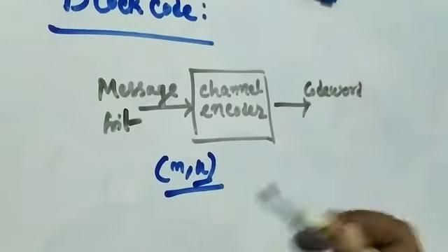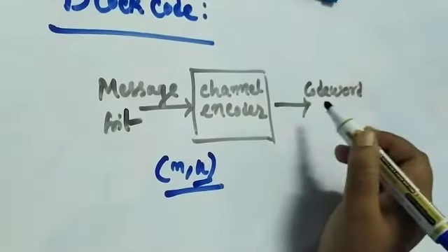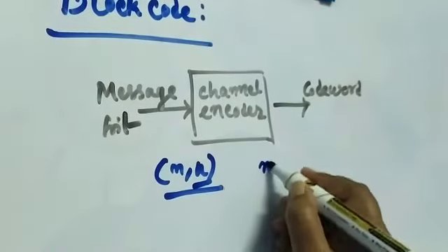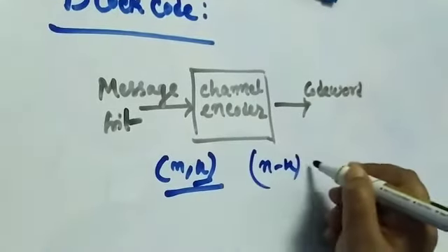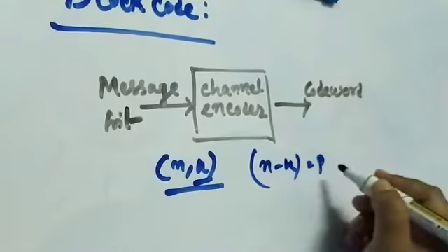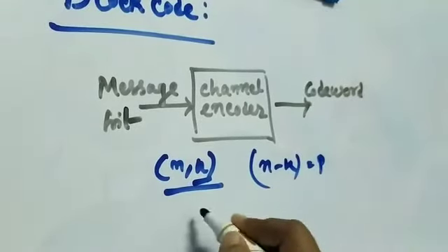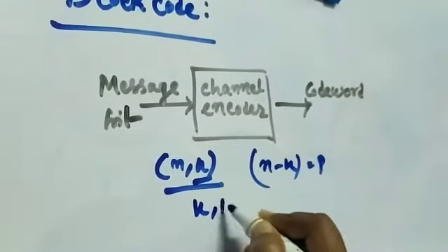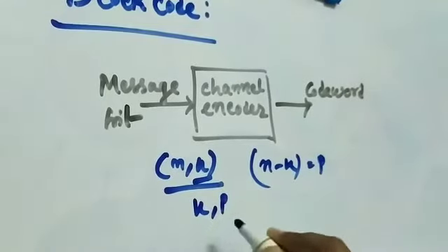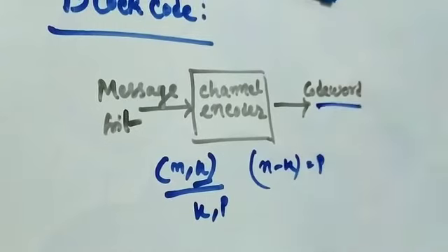At the end of each block, it adds N minus K bits, which are also known as parity bits. The information bits and parity bits are both added to generate the code word.